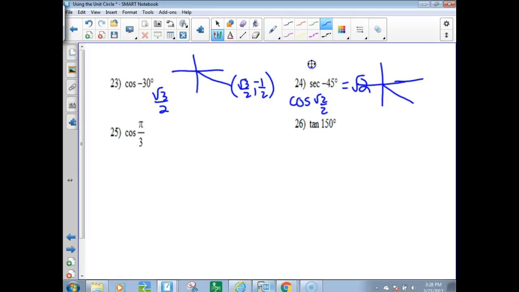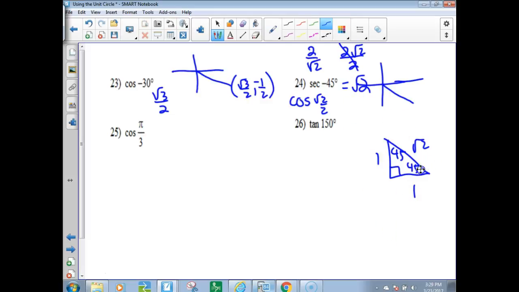If you take that and flip it over, 2 over the square root of 2, and you had to rationalize it, you would multiply by the square root of 2 top and bottom, and then your 2's cancel out. Otherwise, remember it was 1 over the square root of 2 in the first place? If cosine is 1 over the square root of 2, then the secant is the square root of 2.